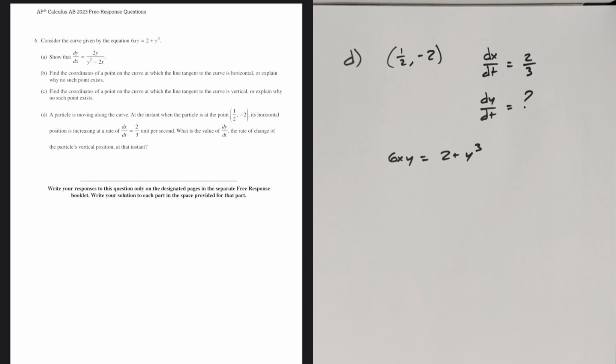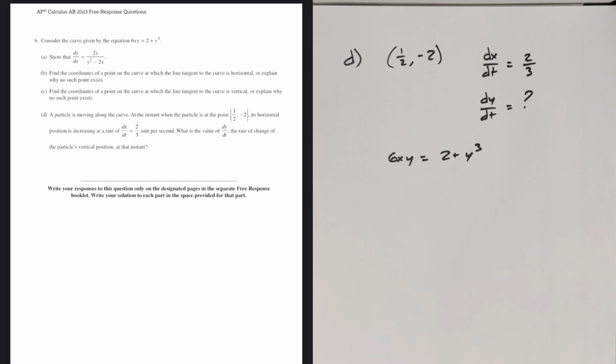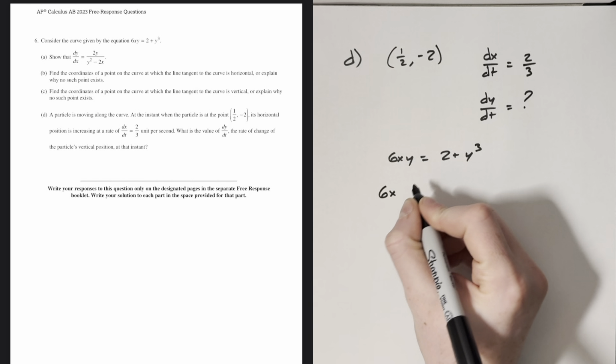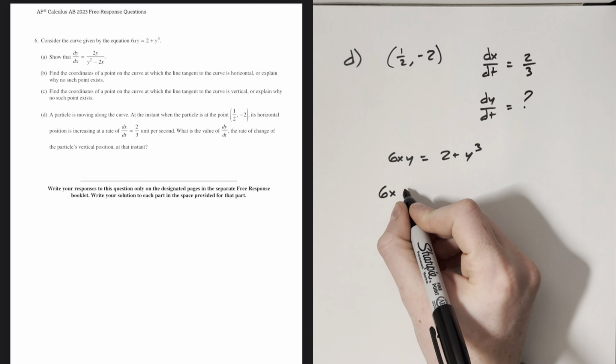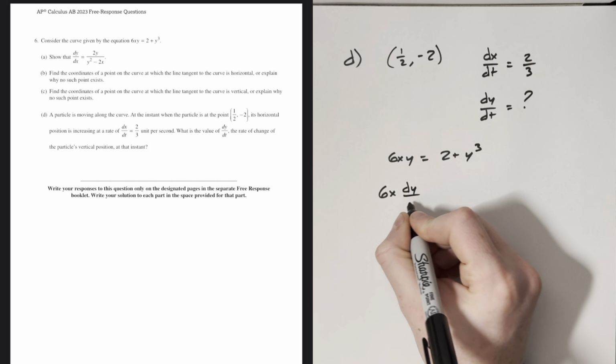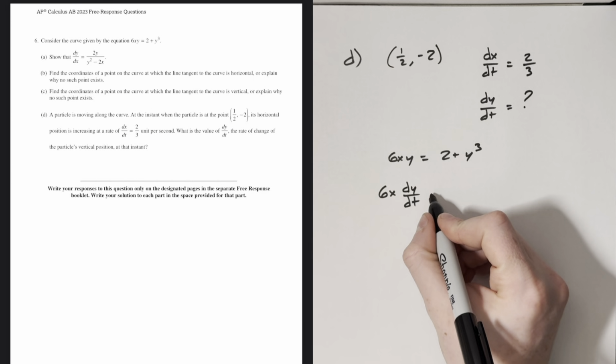Similar to how we did it in part A, the derivative of 6xy, we're going to do it using product rule. So first term times the derivative of the second term, the derivative of y, in this case, is dy dt, because we're taking the derivative with respect to time.